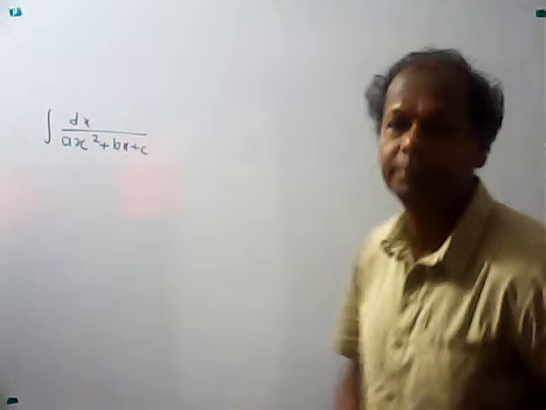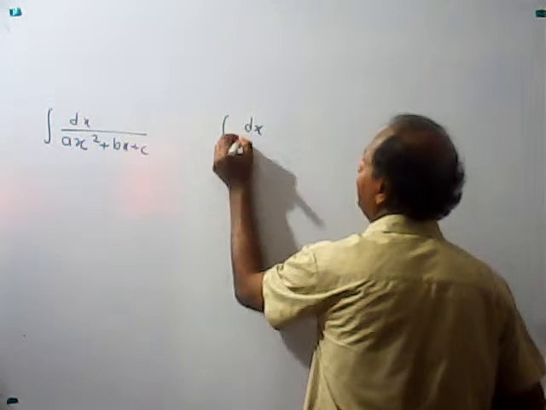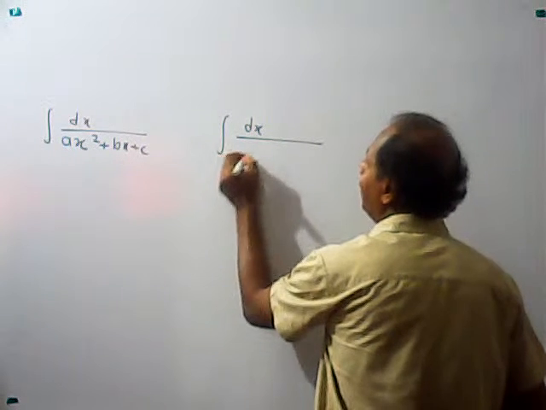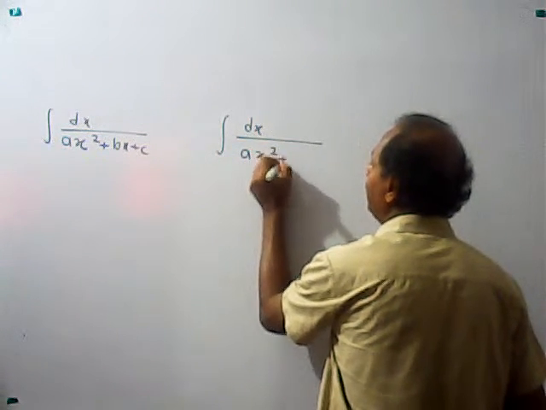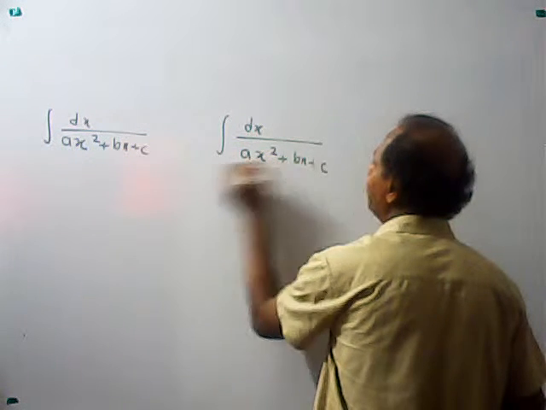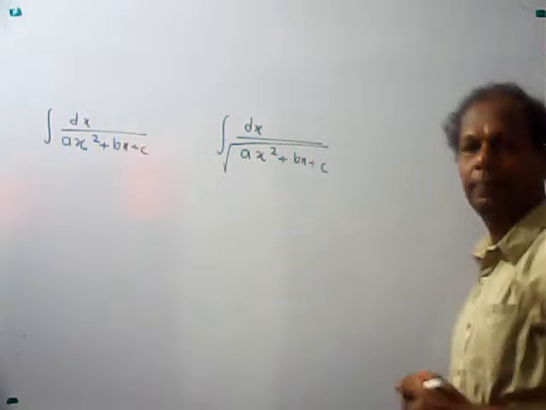Are you with me? And also we discussed how to solve a problem like 1 over the square root of ax squared plus bx plus c. How to integrate a function like this also, right?